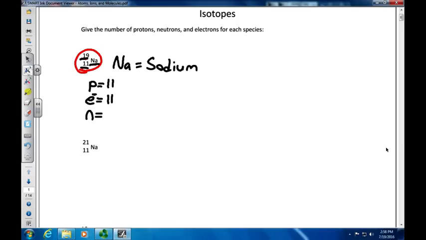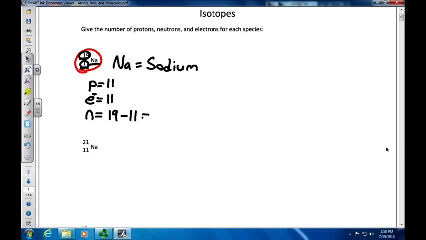And determining the number of neutrons, all you have to do is take the number at the top, in this case 19, and subtract from it the number underneath, which is 11. That's the number of protons. The number 19 is indicating how many particles are in the nucleus. There are a total of 19 particles in the nucleus, 11 of which are protons.